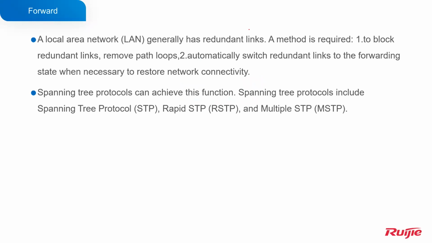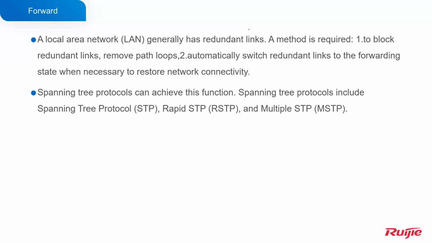The local area network generally has redundant links. A method is required to block the redundant links, remove the path loops, and automatically switch redundant links to the forwarding state when necessary to restore the network connectivity. So we can use the Spanning Tree Protocol to do this.